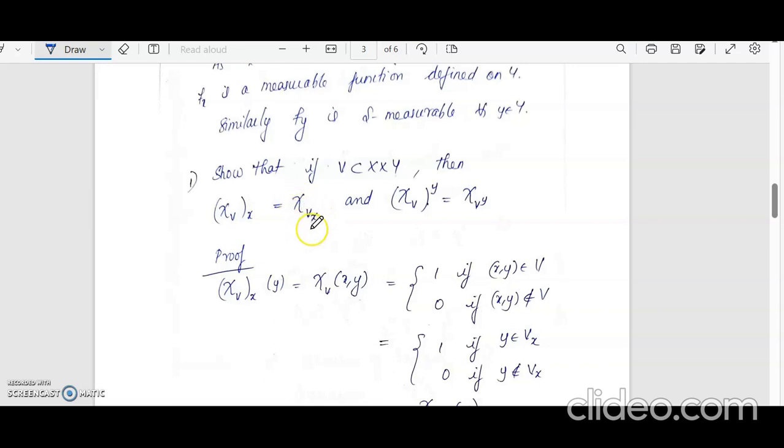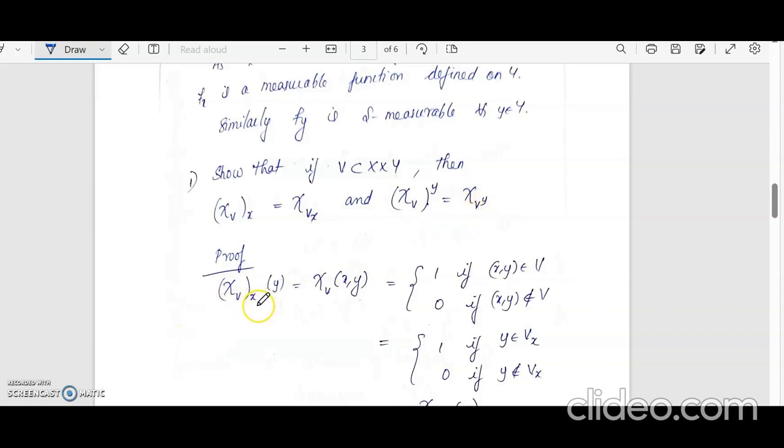So this is a characteristic function of the set Vx. And the y section of chi V is the same as chi of Vy. So this is a characteristic function of the y section of V.